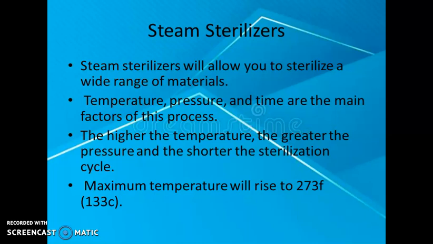Next is steam sterilizers. Steam sterilizers allow you to sterilize a wide range of materials. Temperature, pressure and time are the main factors of this process. The higher the temperature, the greater the pressure and the shorter the sterilization cycle, and the maximum temperature will rise to 273 Fahrenheit.